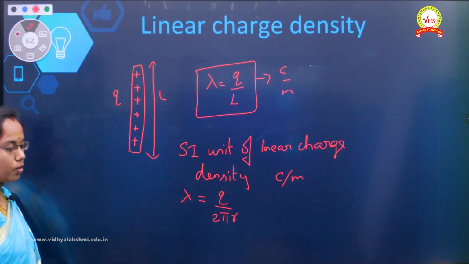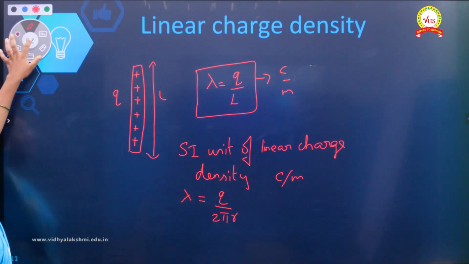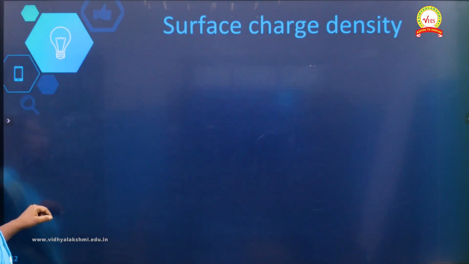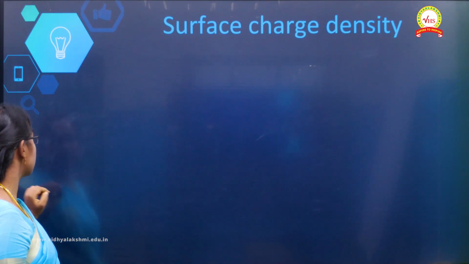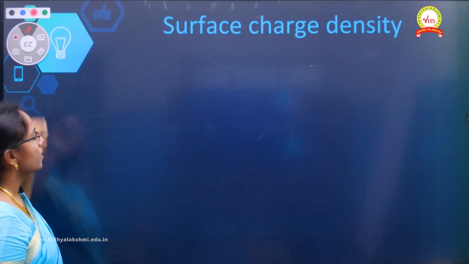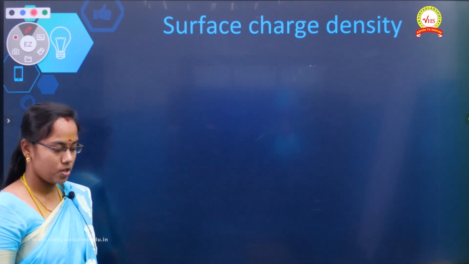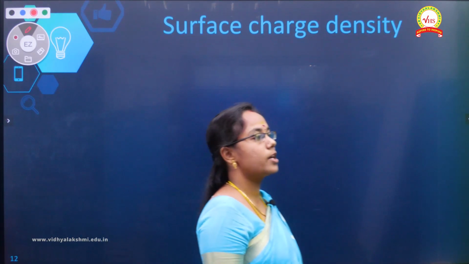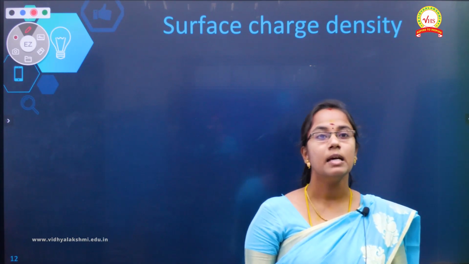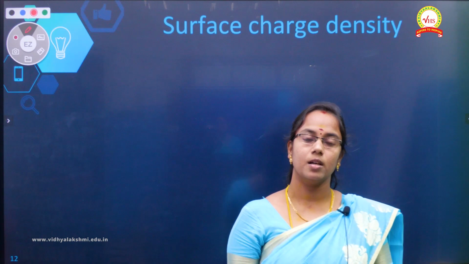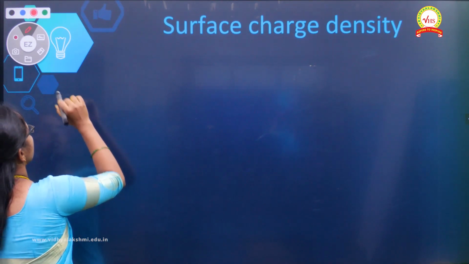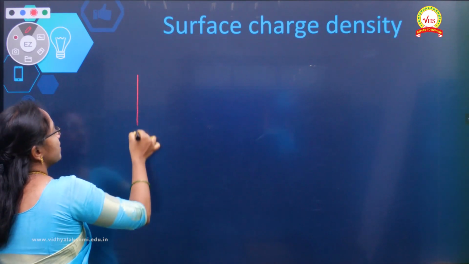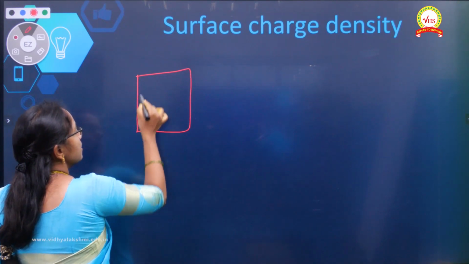The next thing that we are going to learn is surface charge density. Surface charge density is with respect to 2 dimension. How do we represent it? Sigma is the symbol to represent the surface charge density. We can have a surface which has charges.